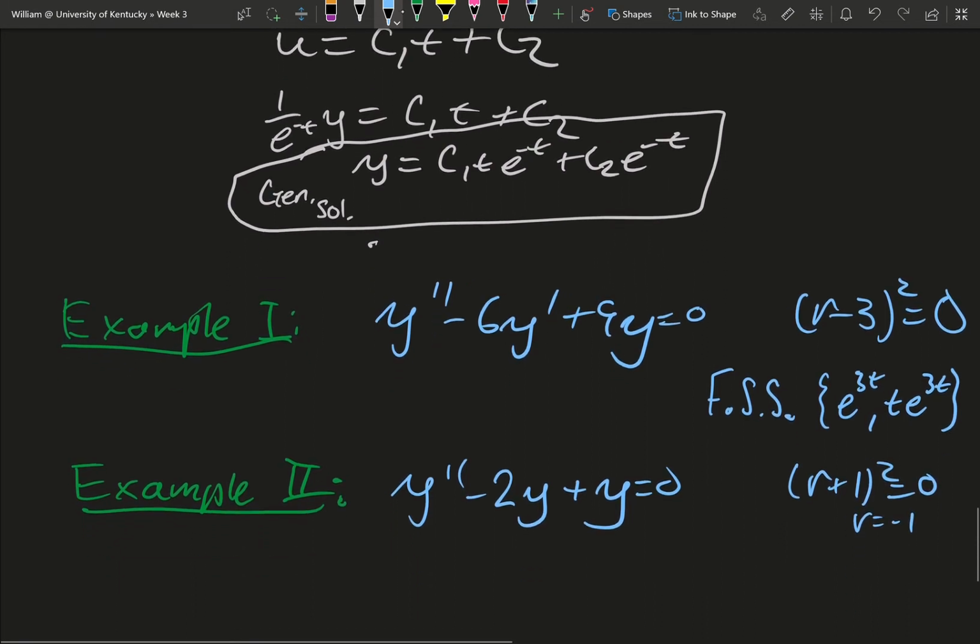And we had the fundamental set of solutions e to the negative t and t e to the negative t. So from here we can probably guess that this is going to happen every time. But let's just confirm that for ourselves.